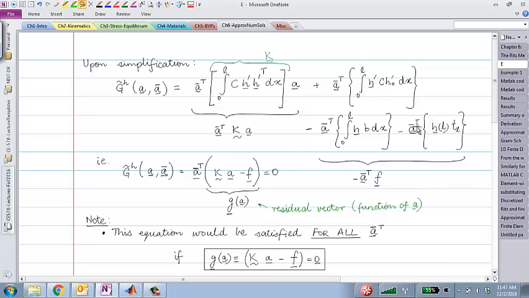All of this term, you can clearly see, you can pull out A bar transpose out to the left, and whatever will be left in the curly brackets would be the vector F.